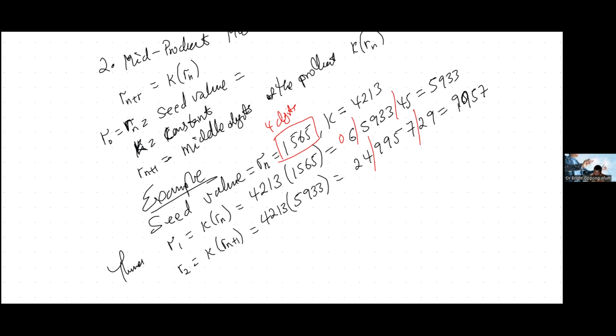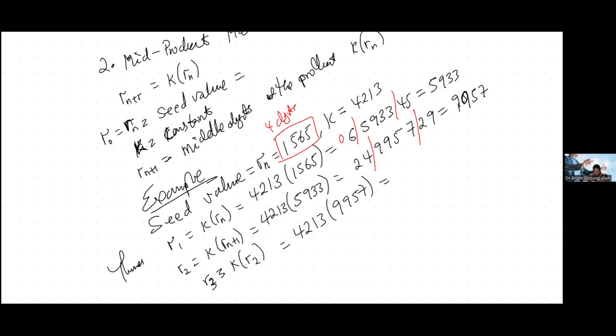So the next random number, R3, is KR2. So now we have 4213, and what is R2? 9957.